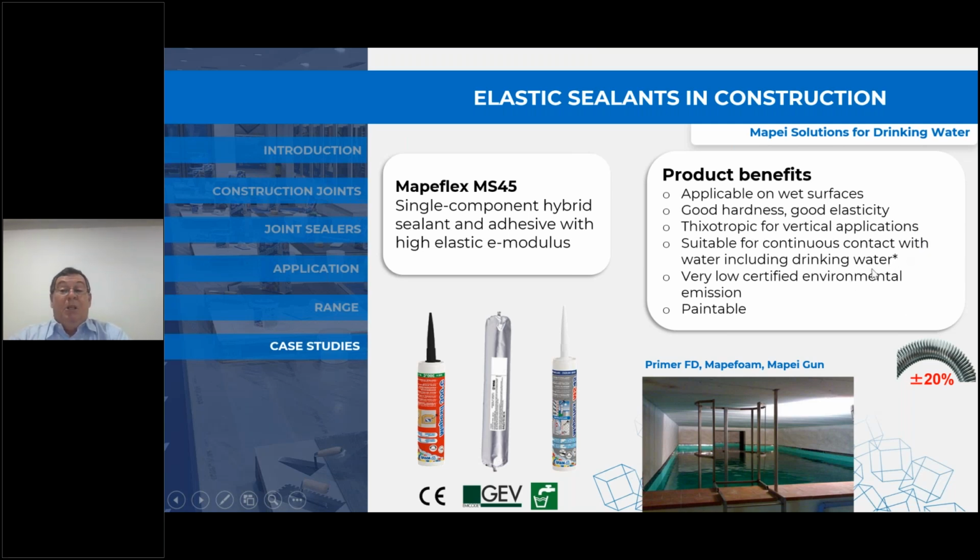And I asterisk this because it still needs to be tested to the AS 4020 2018 standard. So at this stage, it's not approved in Australia for drinking water, although throughout the world it already has that certification. Low certified environmental emission, so low VOCs, and again, it's paintable.